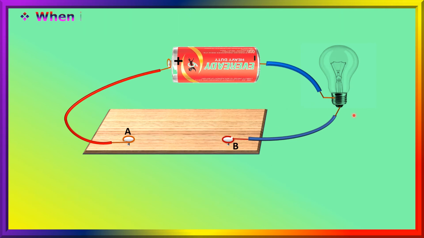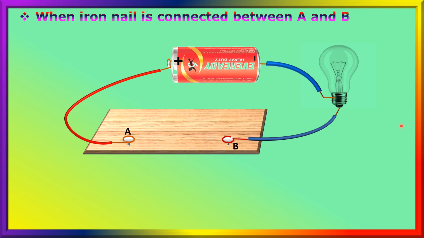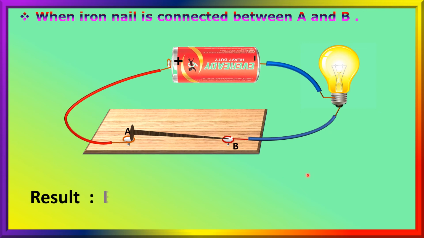Next, when an iron nail is connected between A and B. Yes, the bulb glows. Okay, so the iron nail is a conductor. The bulb glows in this situation.